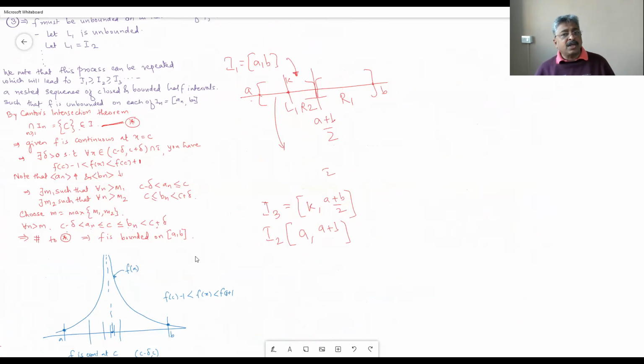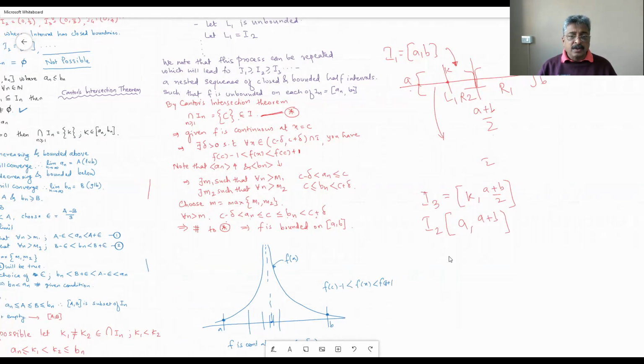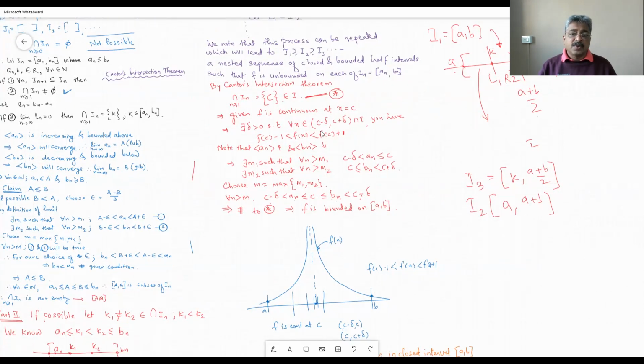Hey, what is happening? Why is this screen moving? Oh. Okay. So continuity of f says that between c minus delta to c plus delta, the value of the function will move within epsilon limits of f of c. That is what we say here.